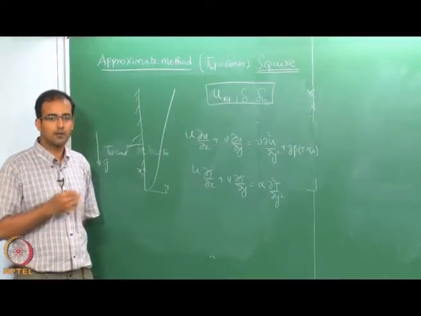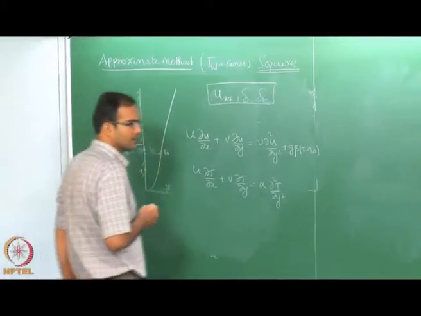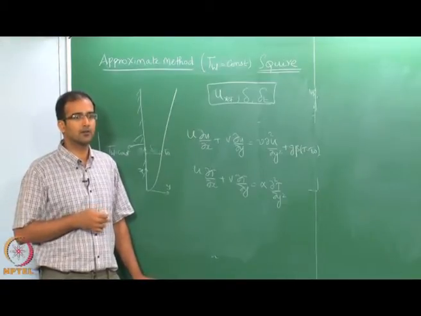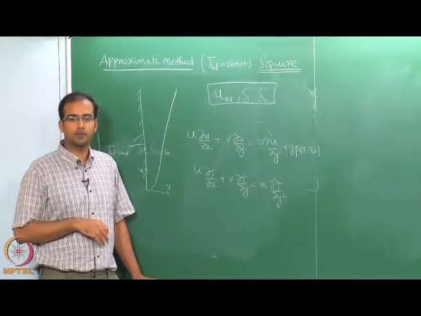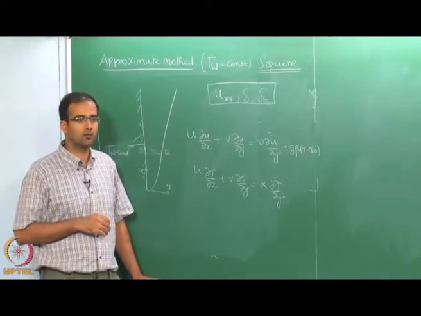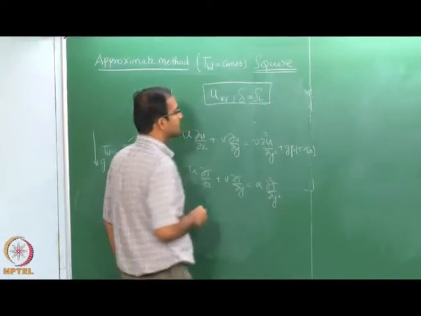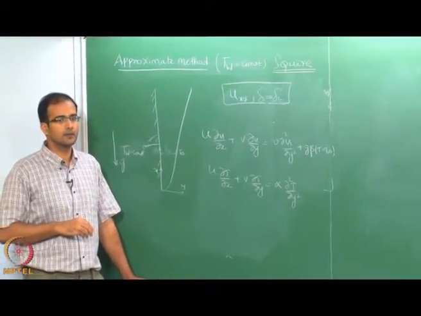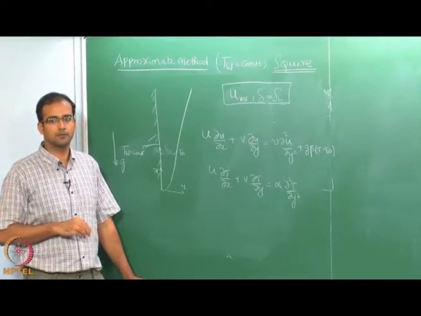So, therefore, what do we do is, in the case of Squire, he made a very simple assumption that since we are talking about natural convection for mostly gases, we do not talk about very high Prandtl numbers or very low Prandtl numbers, but for Prandtl numbers approximately around 1. So, it is reasonably safe to make an approximation that delta is equal to delta T. So, finally, we therefore reduce the number of unknowns to the number of equations that we have.